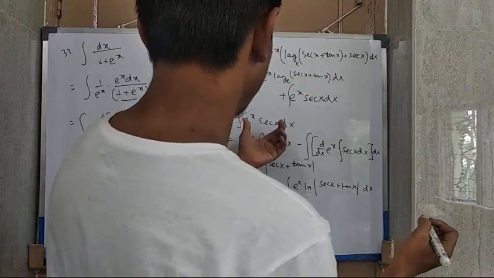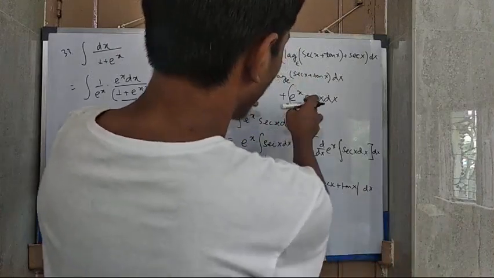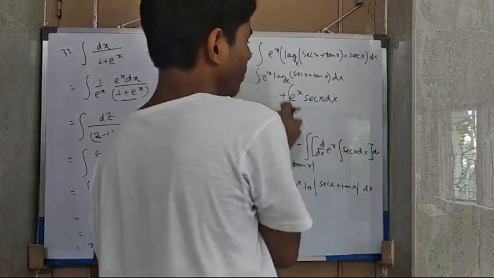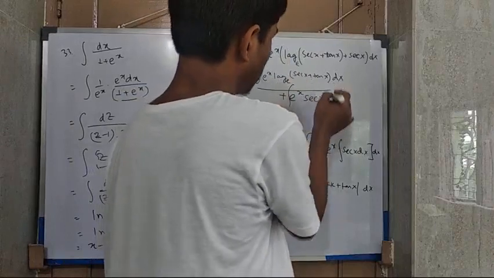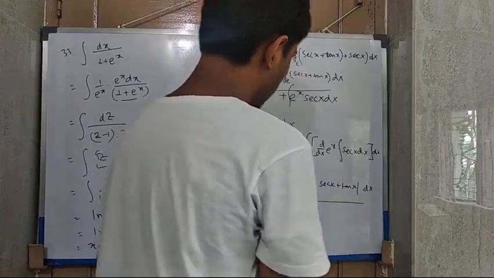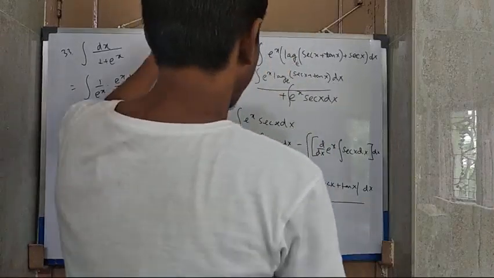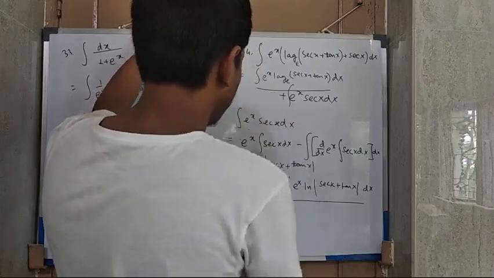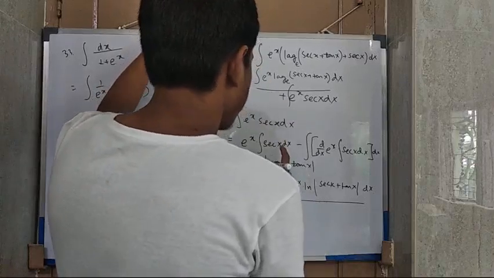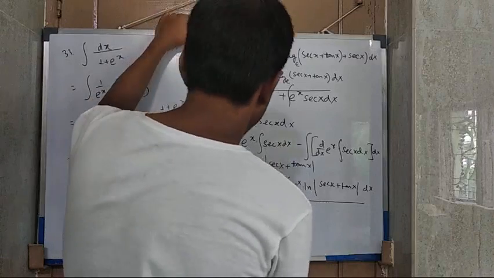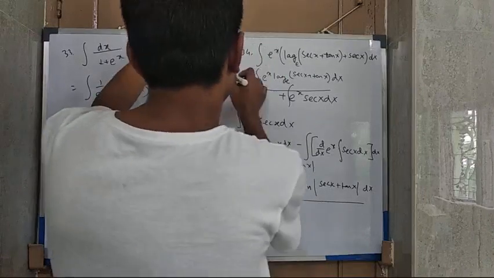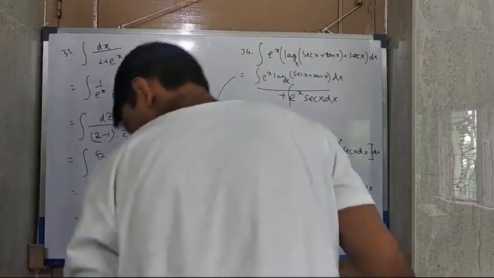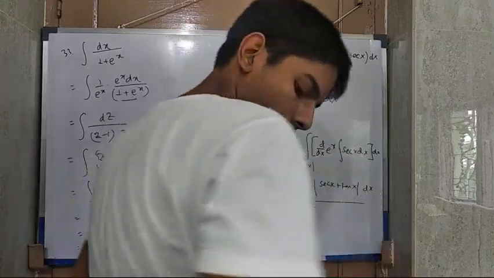So when you add them both, this will cancel out with this one. So we can just simply write the answer as integral. So from here we take the arrow here and let's write it in a different ink.